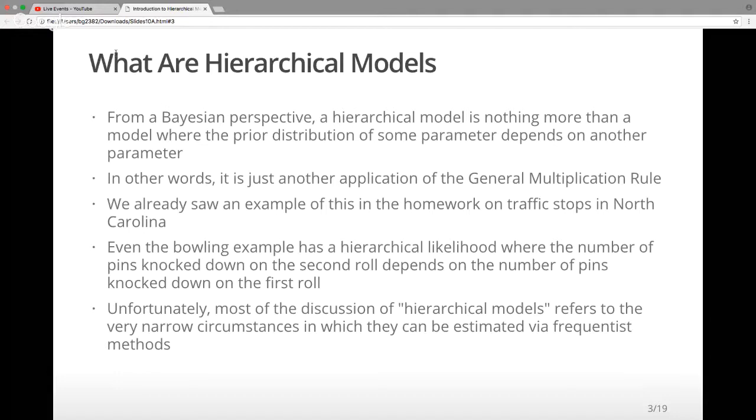And at the same time, there were individual specific parameters that depended on parameters for people of that race. And so you had different parameters for whites and blacks and so on. And all the way down, it was really a 4 or 5 level hierarchical model before you finally got to the latent probability that the person who was stopped was actually carrying something illegal.